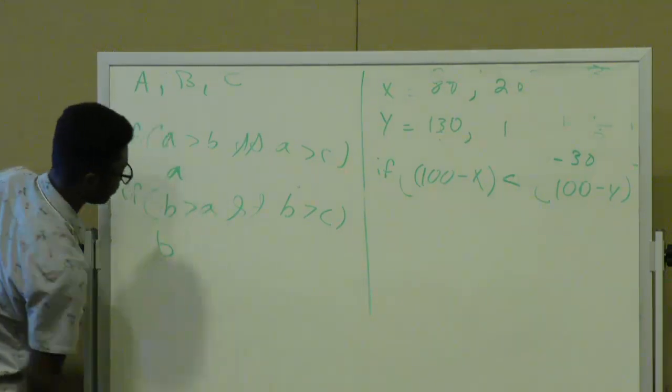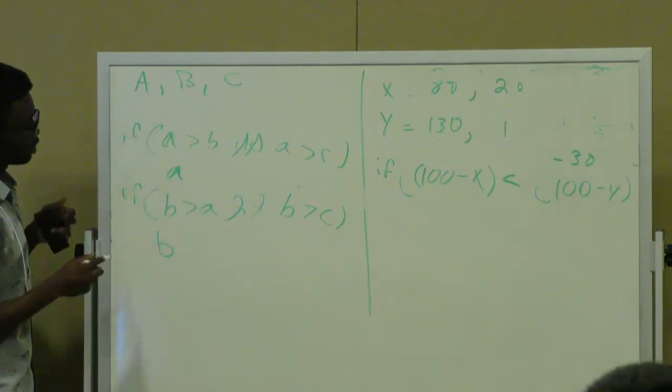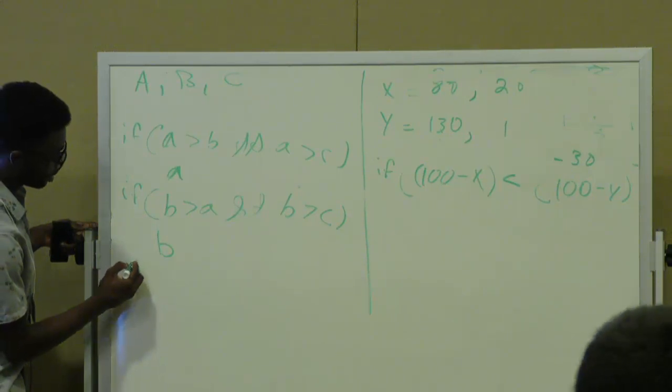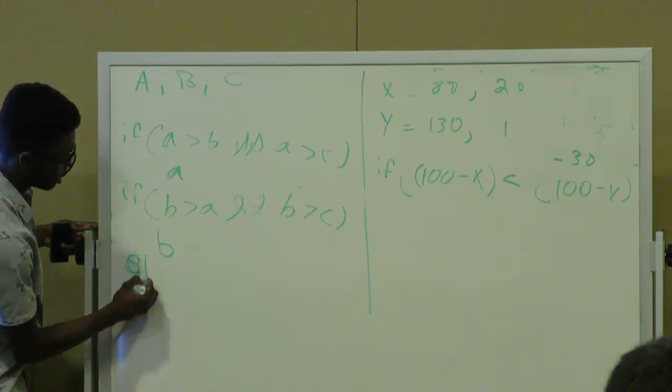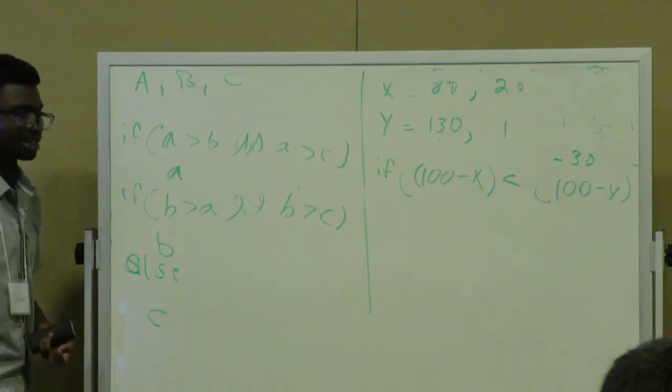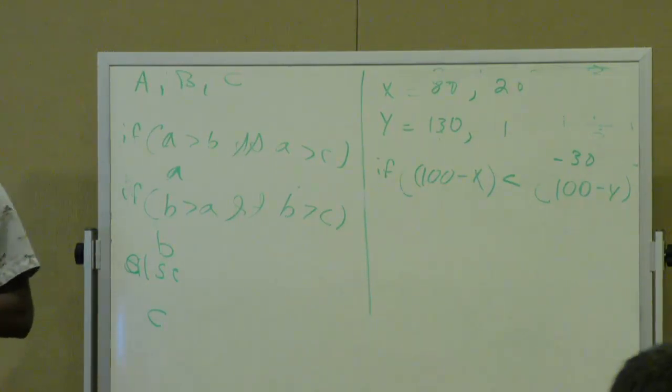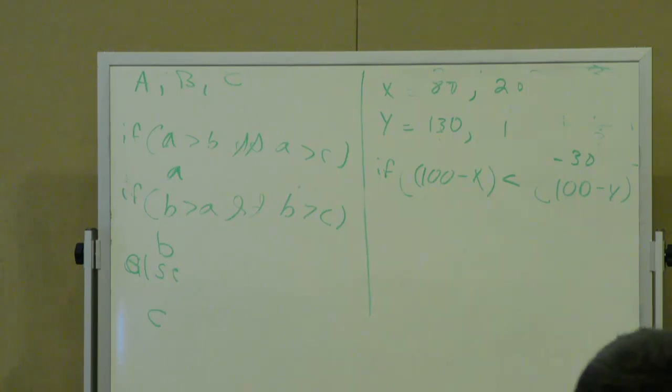Technically, once we've checked A and B, the only other option would be an else. We could just say else C. But you can have this as a nested if statement. You could have this using the bubble sort to sort it. But knowing how to find the largest value given a set of values is a good skill to have.